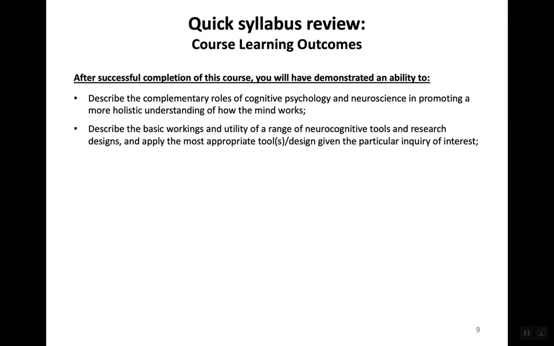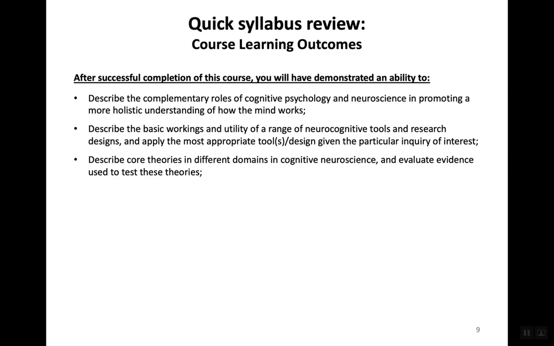So we need to understand what kind of methods, techniques, and instruments make possible the current progress and success of research in cognitive neuroscience. But that does not, by all means, come at the cost of theories in cognitive neuroscience. So it is the goal of this course to introduce you to some of the core theories in different domains of cognitive neuroscience.